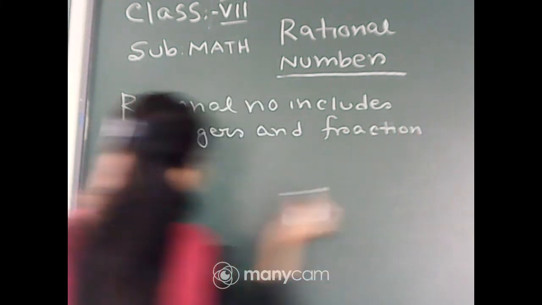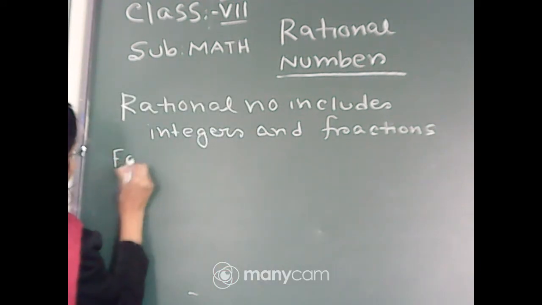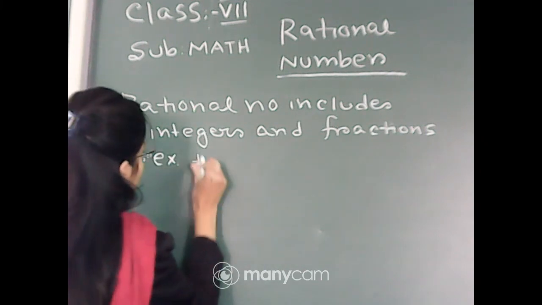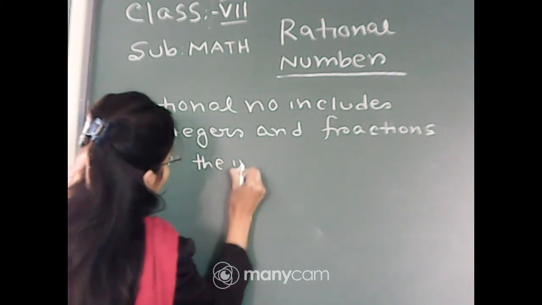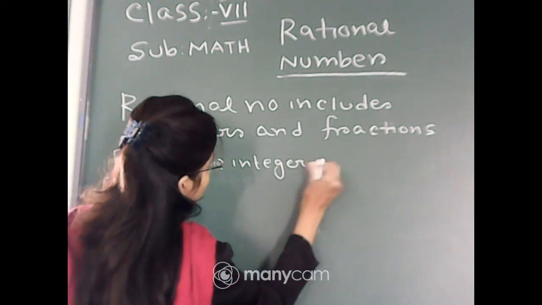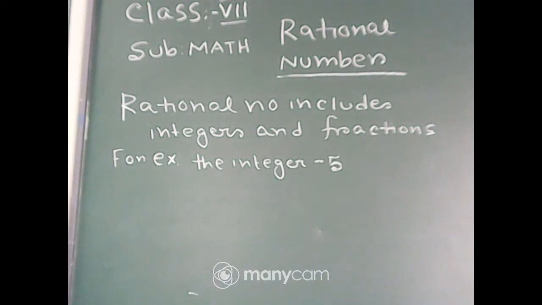For example, the integer -5, this is a negative integer.